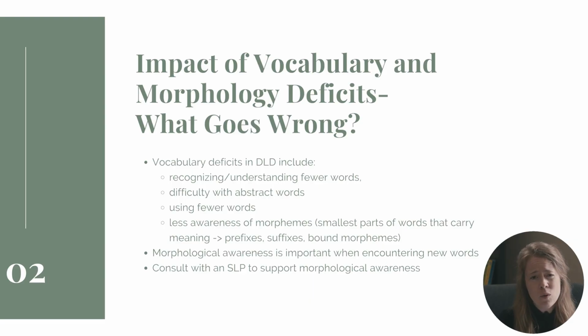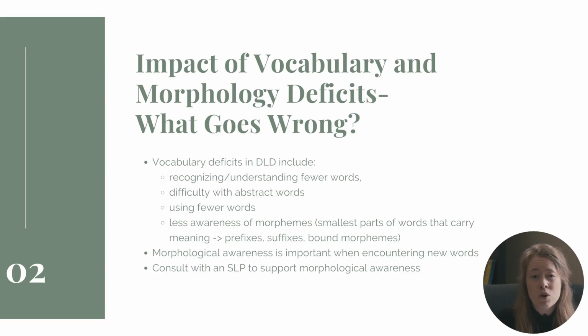For example, if an older child hears the word trilingual for the first time, they may be able to use their knowledge that tri means three, as in the word triangle, triceratops, tricycle, and they may also have knowledge of the words bilingual, speaking two languages, and maybe monolingual, speaking one language, so they can put all of that together and make a great guess that trilingual probably means something to do with proficiency in three languages.